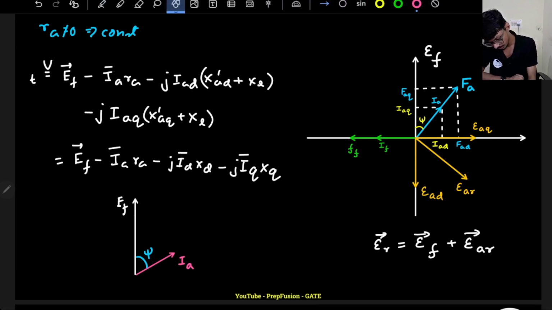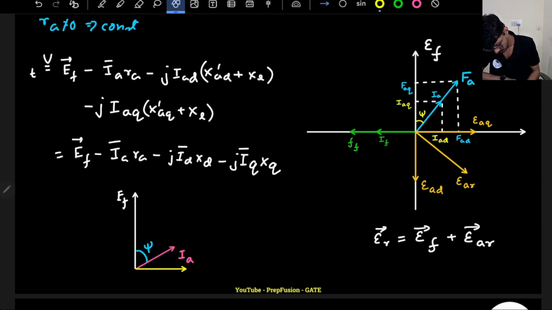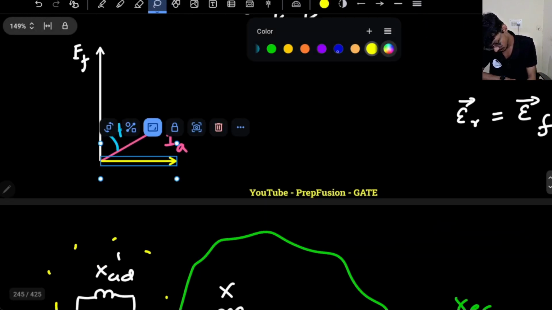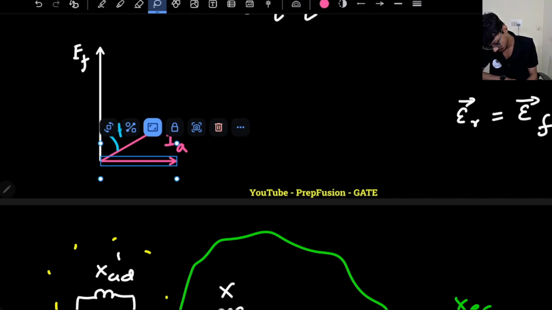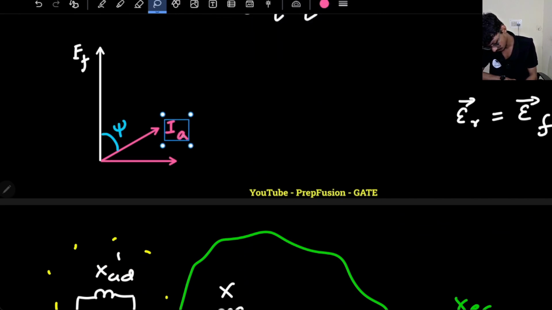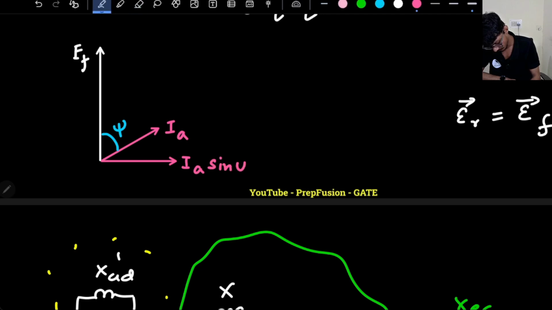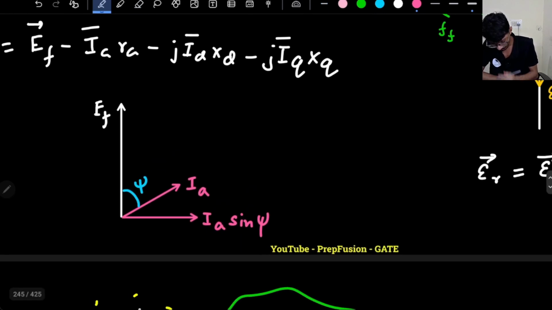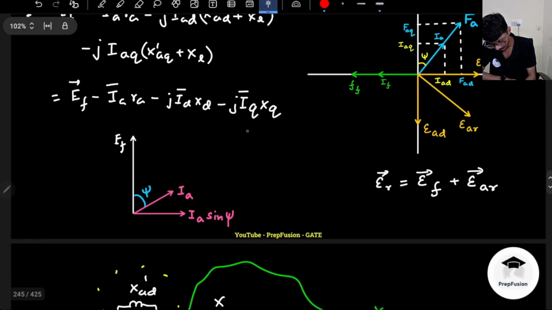Let me color this. IA sin psi. Okay, so this is my ID basically, and I have to do minus j.